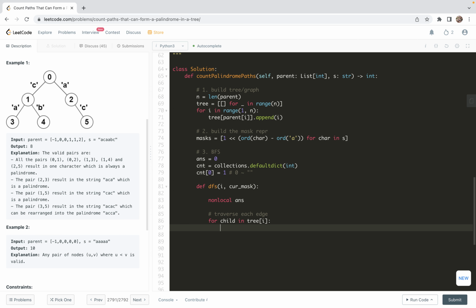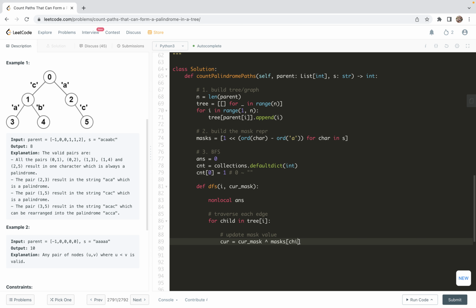Then we want to update the mask value. So the current mask value is the current mask, the value up to I, then plus the value corresponding to this edge, which is nothing but masks. So here we do a lookup.